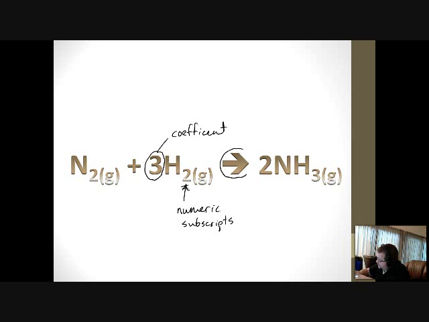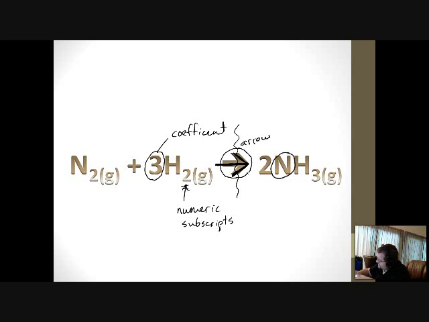Our reaction arrow provides us that imaginary dividing line between reactants and products, and also gives us directionality. So just as we read left to right, we also move through a chemical reaction left to right. So that's our arrow.